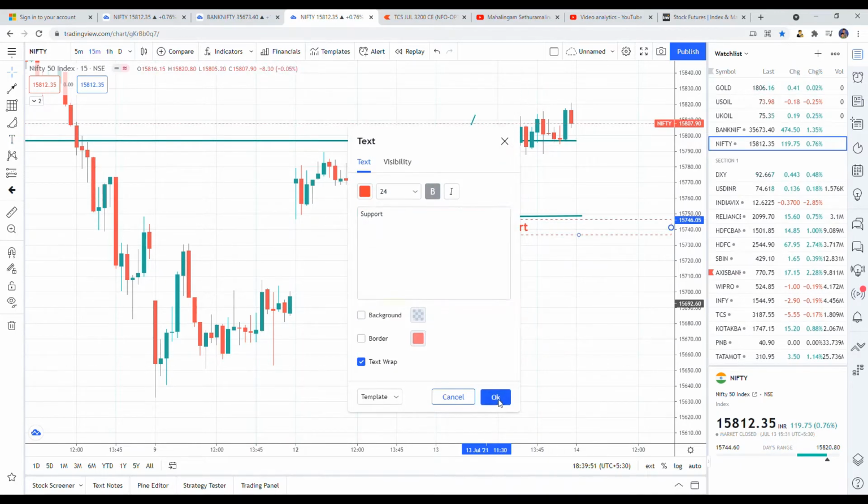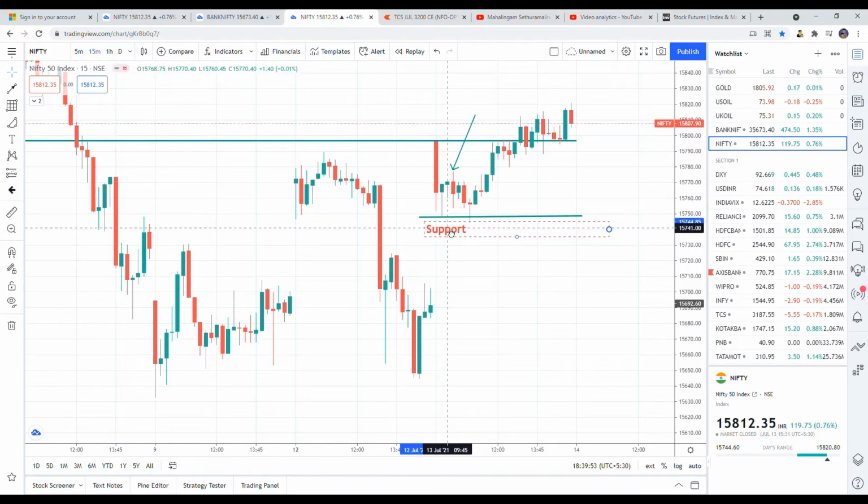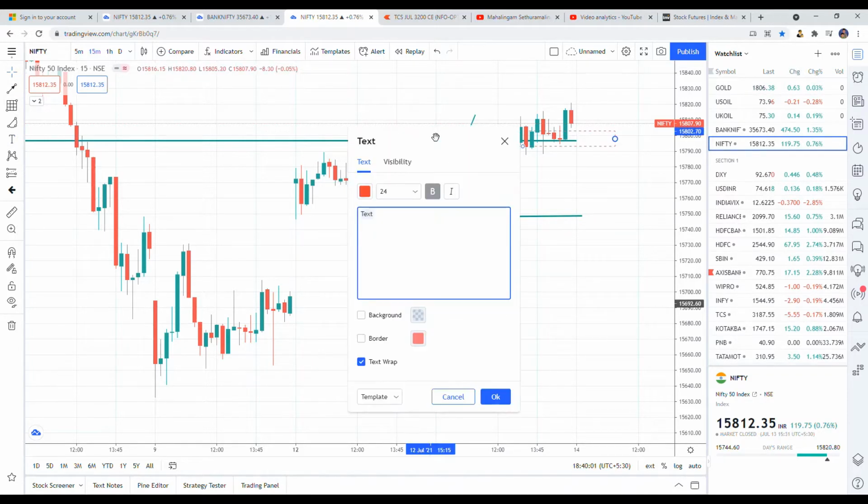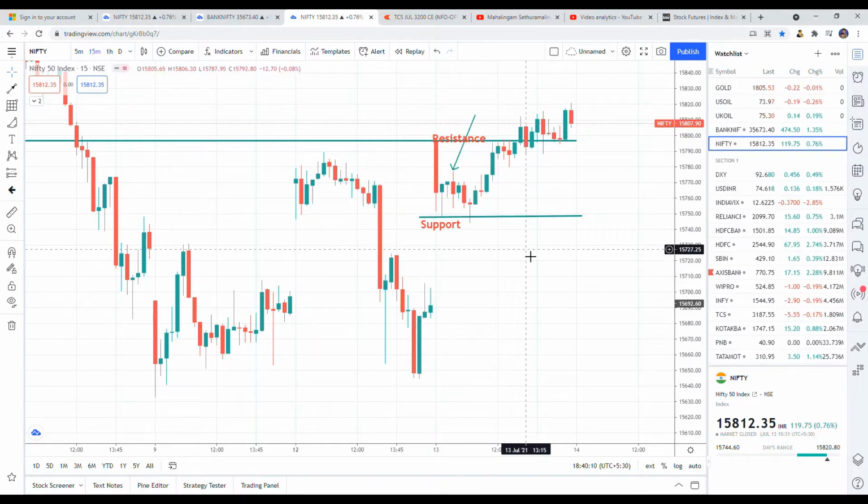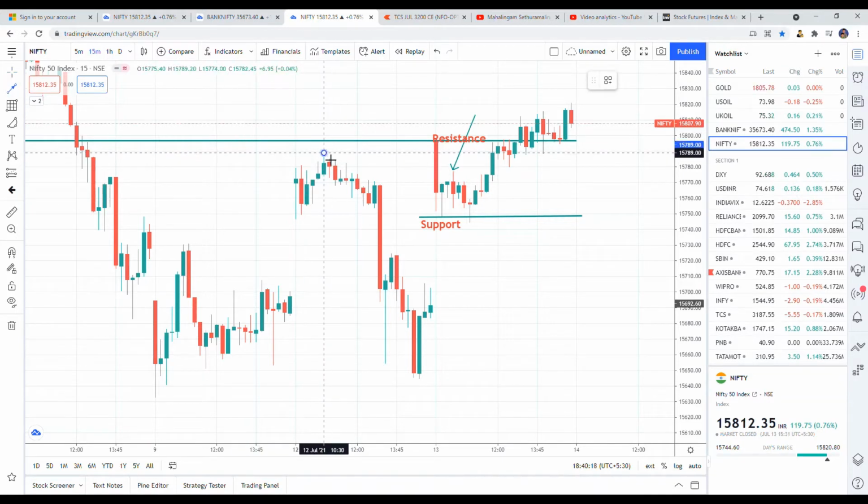Always you have to mark your first 30 minutes trade, high and low. This is your support and this is your resistance in the NACD chart. Okay, then what else? This was your previous day high. Just have a quick mark on this previous day high.